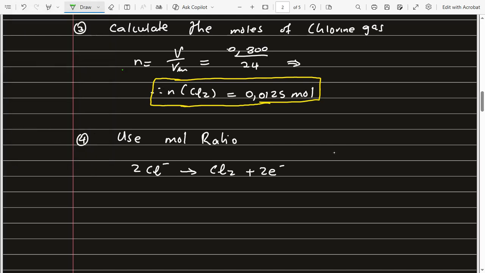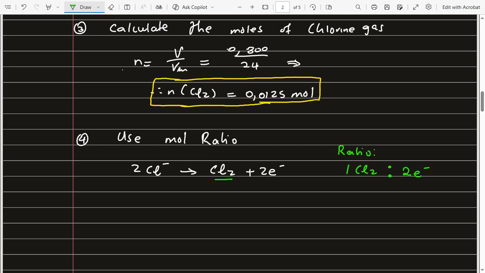So the ratio here, let me say I have 1 chlorine, which is this part, is 2 electrons.